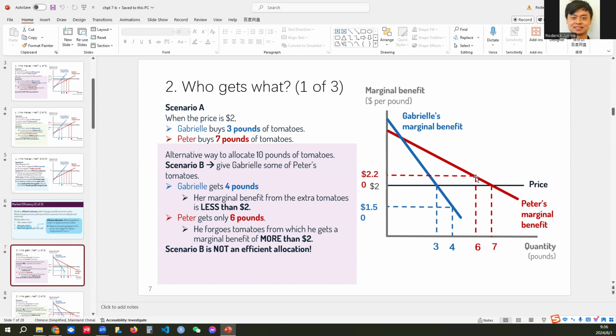The thing is, again, the benefit exceeds the cost, which is the market price. So that is also the case.